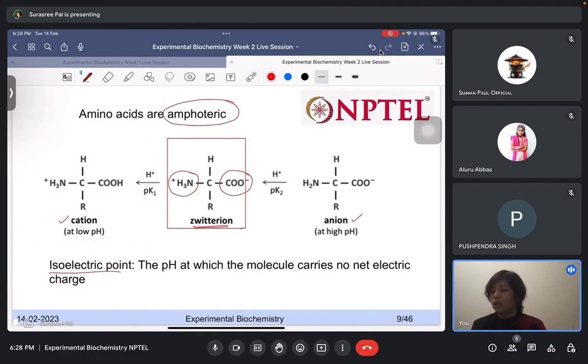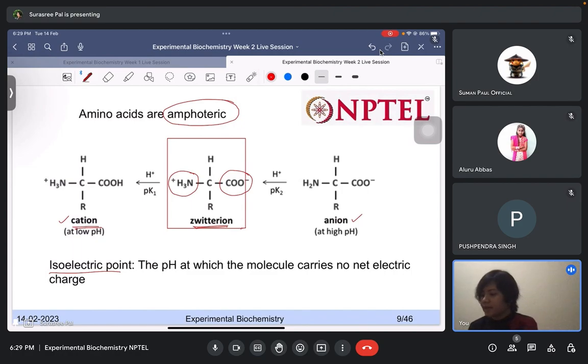For example, if you begin with this cationic form, which exists in low pH conditions, the hydrogen ion concentration is very large in this solution because it has low pH, right? So in this situation, all the groups on the amino acid will be protonated, right?